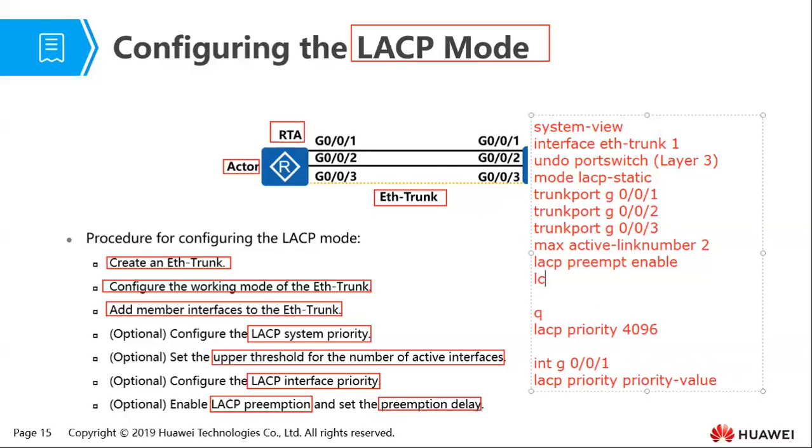Then to set the preemption delay, you do lacp preempt delay, then you enter a value, for example, 3. So it will delay for 3 seconds before the backup takes over and becomes active. So that is how you configure LACP mode.